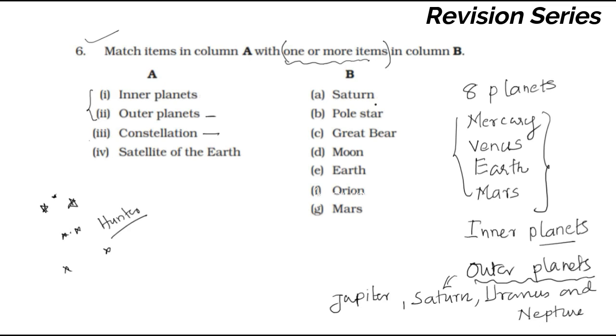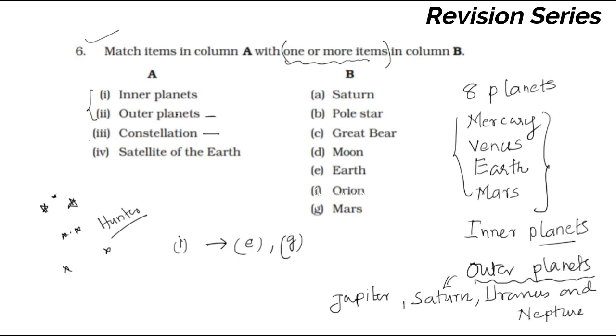Saturn is not an inner planet. Pole star is again a star. Great Bear is a constellation. Moon is a satellite of Earth. So Earth is an inner planet. So for option 1, okay, we can write the answer as E, right? So answer is E, and then there may be one more answer, and here there is one more answer, G, right?